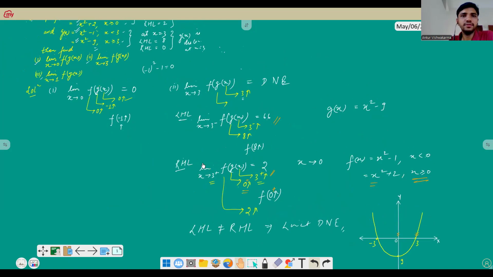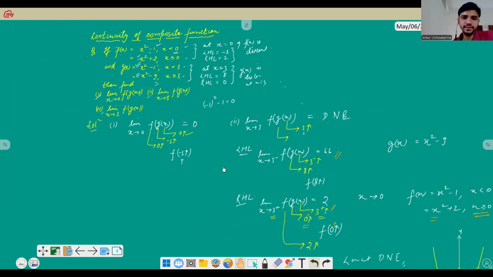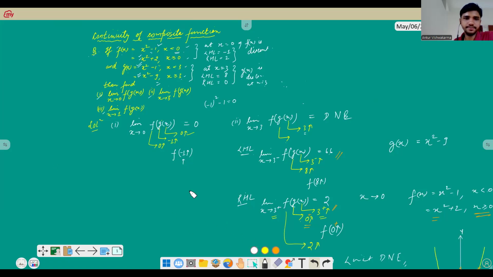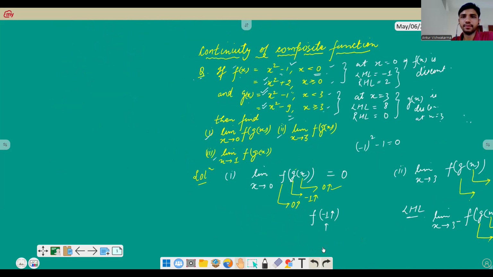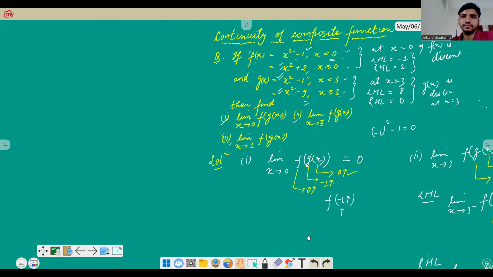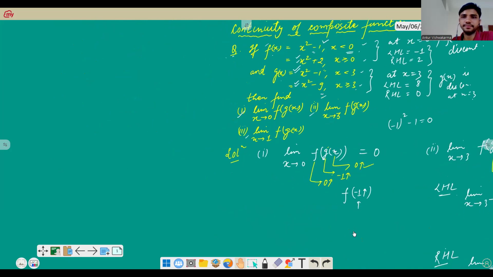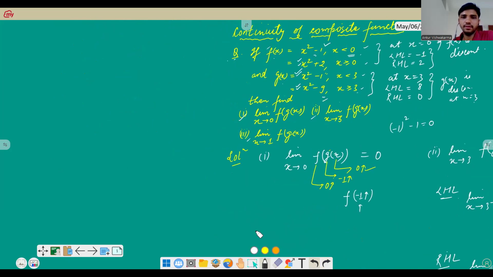Now let us move on to the last part, which is the third part. Third part: limit x tends towards 1 of f of g of x.